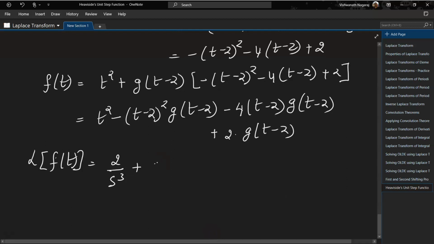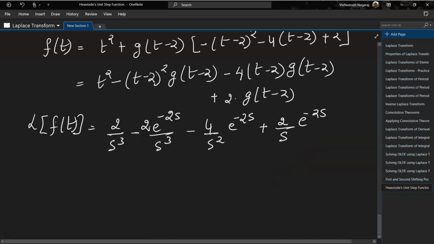So second shifting property, e to the power of minus 2s by s cube minus 4 times, again second shifting property, this would be 1 by s square times e to the power of minus 2s. Then we have plus this one. We can treat this as 1 times g of t minus 2. So 2 by s e to the power of minus 2s. Okay, this would be 2 times. Okay, we should not miss that.